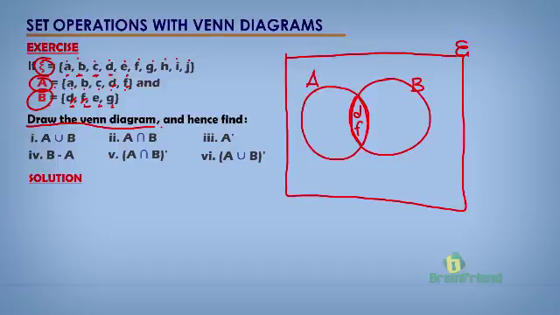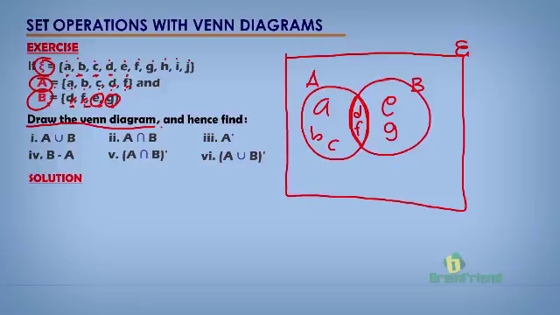A has elements A, B, C, D, and F. D and F have already been put down as common elements of A and B. So we'll put down our other elements A, B, and C within the confines of our circle A. We'll also do the same for our set B. We've already put down the common elements D and F, so we'll put down the remaining elements E and G within the confines of our circle B.